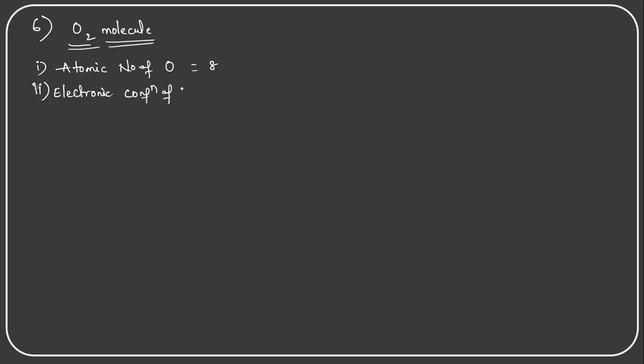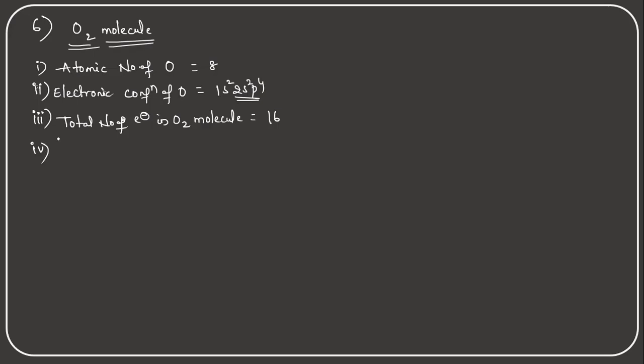Electronic configuration of each oxygen is 1s2, 2s2, 2p4. This is the outermost orbital electronic configuration. And the third point is the total number of electrons in the O2 molecule. How many? 8 plus 8 will be 16.